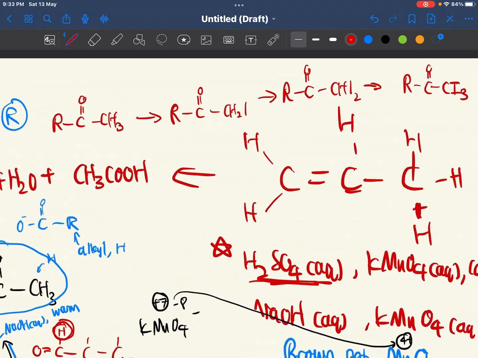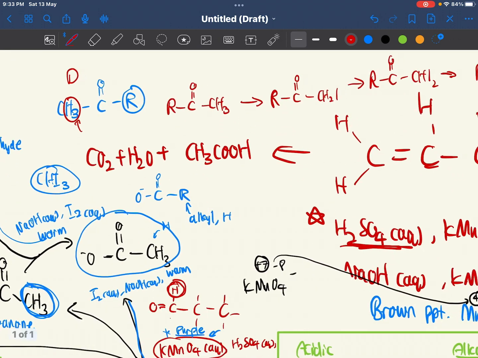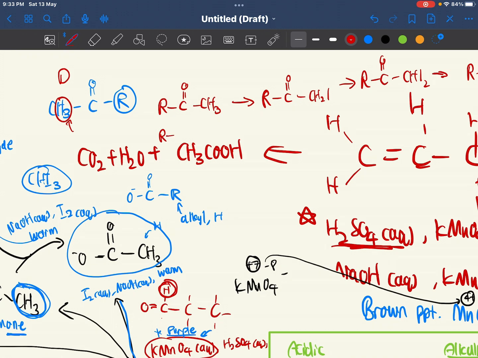So it's a slow substitution. So we've got to do that for methyl alcohol. It's the same thing.